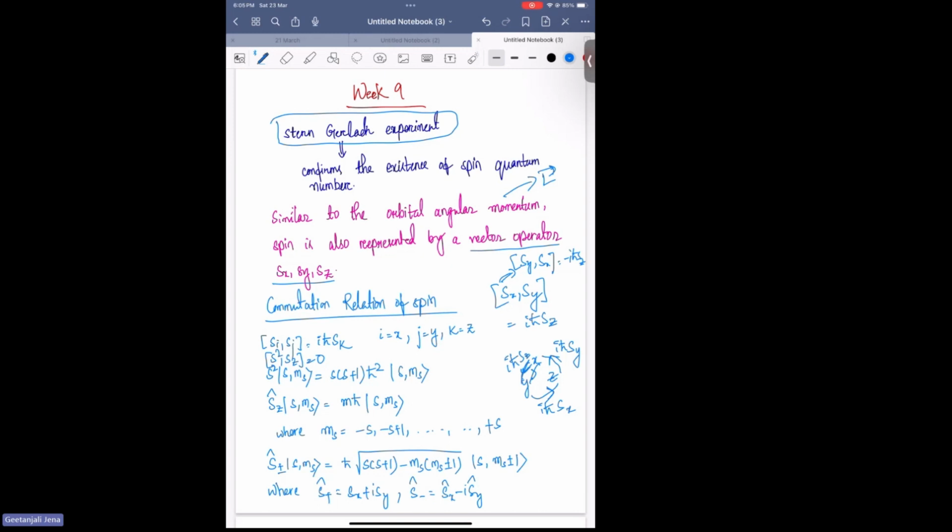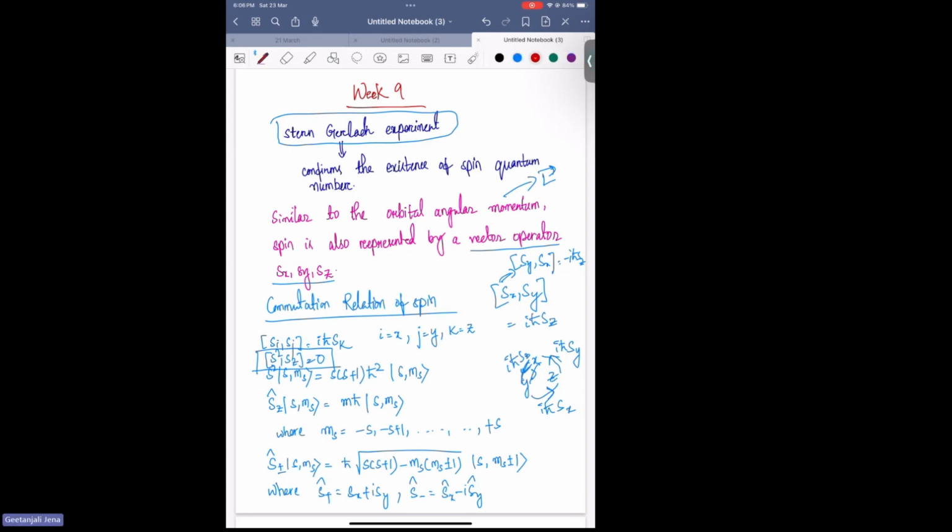We have studied that in the case of orbital angular momentum, the L square and Lz operators commute with each other, so we can have a simultaneous eigenstate for L square as well as Lz. Similarly here we have S square and Sz, and they commute with each other. So the commutation relation of S square with Sz will be 0.